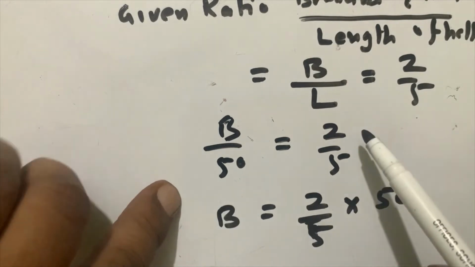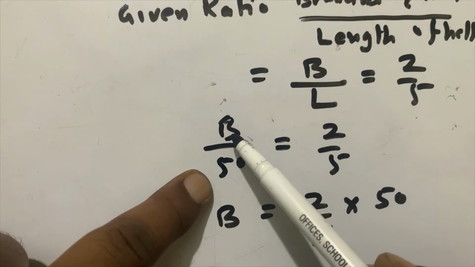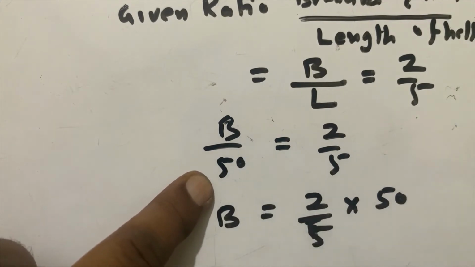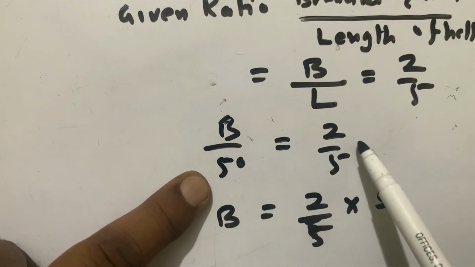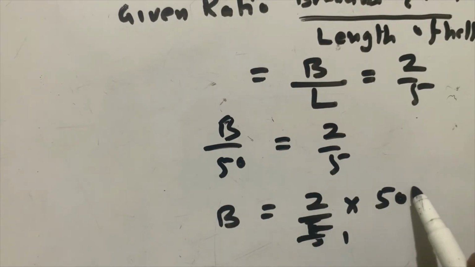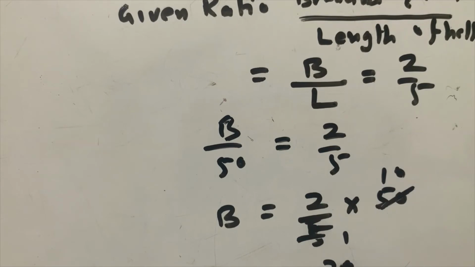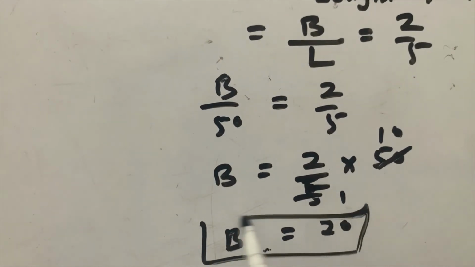When the 50 goes to the right hand side, it will multiply this quantity. So 2/5 into 50, we cancel out 5 as a 5, 5 tens 10, we got the result 20. Breadth is equal to 20.